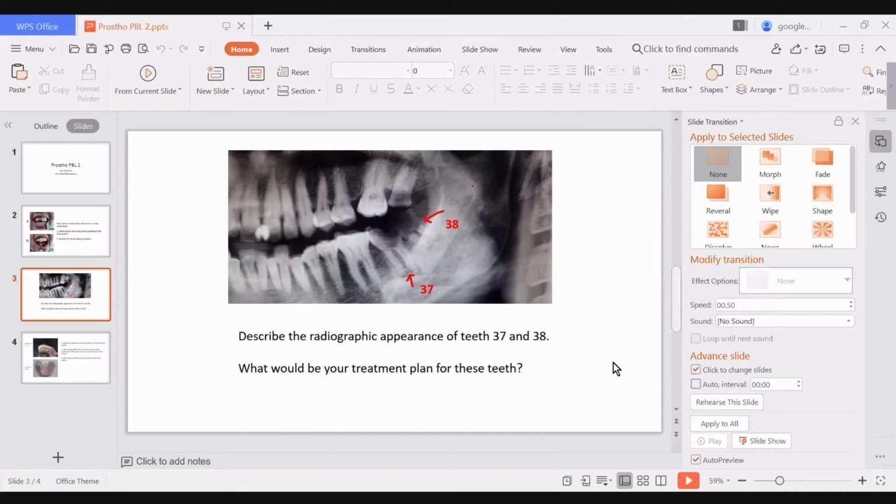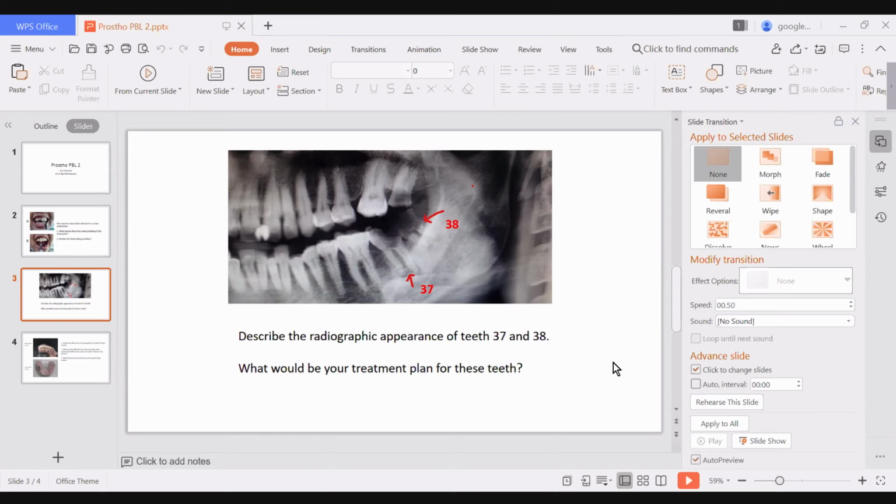And there is radiolucency at the mesial and distal root apex of 37. On 38, there is radiolucency on the crown, indicating tooth decay with pulpal involvement, and there is also radiolucency at both root apices of 38 that may indicate apical periodontitis, depending on the symptoms of the patient, either acute or chronic.